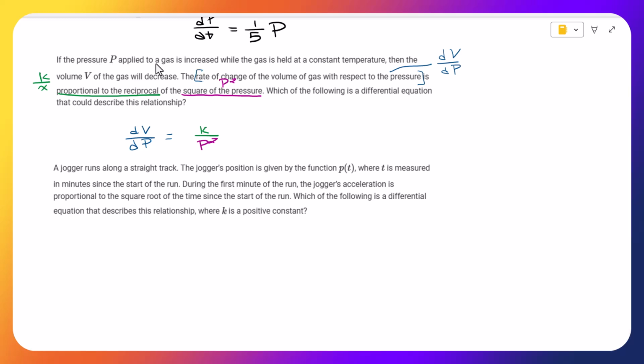Well, if the pressure applied to a gas is increased while the gas is held at a constant temperature, the volume will decrease. So when pressure increases, volume decreases. So this rate right here should be negative.